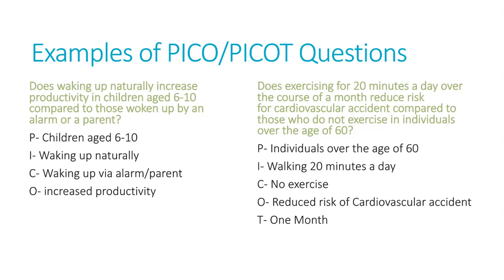So the population would be individuals over the age of 60. The intervention is walking 20 minutes a day or exercising 20 minutes a day. The comparison would be having no exercise or not walking. The outcome would be reduced risk of cardiovascular accident, and the time frame would be over a 1-month period.